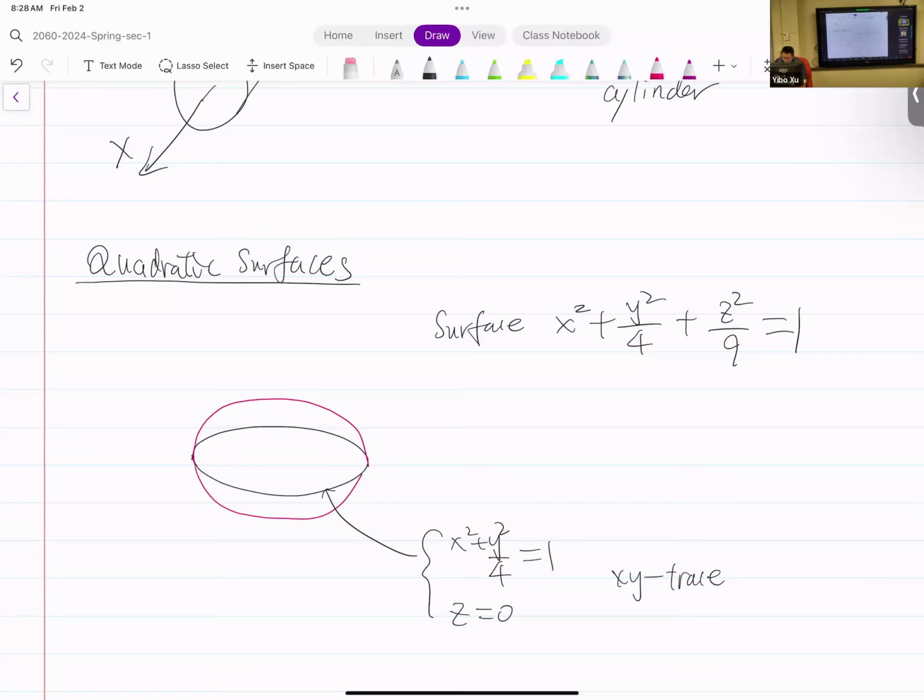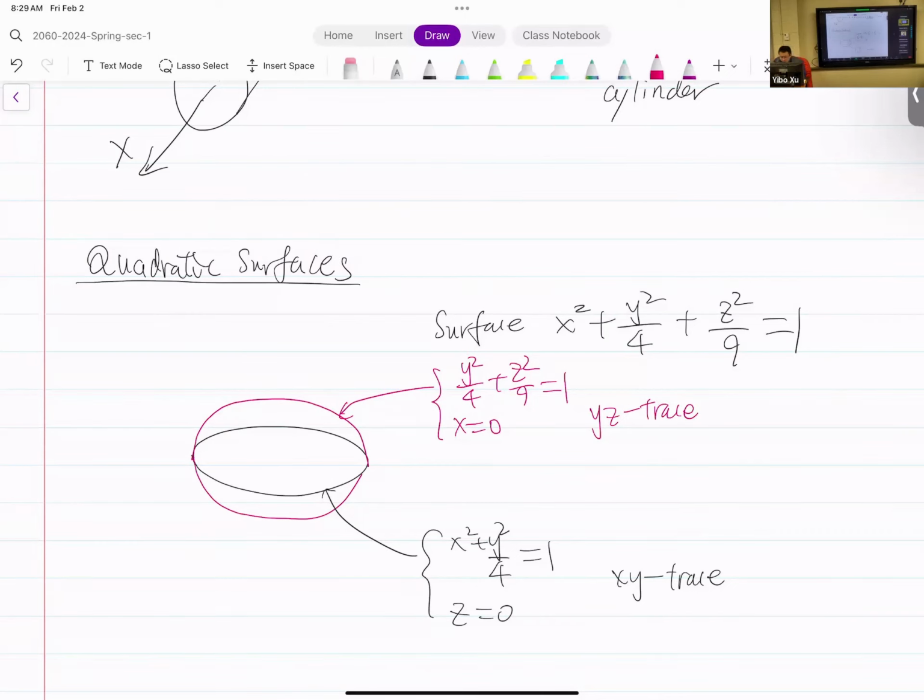Now, what's in red is the one that you get if you make x equal to 0. And when x is 0, you have y squared over 4 plus z squared over 9 equal to 1. This is the yz trace.